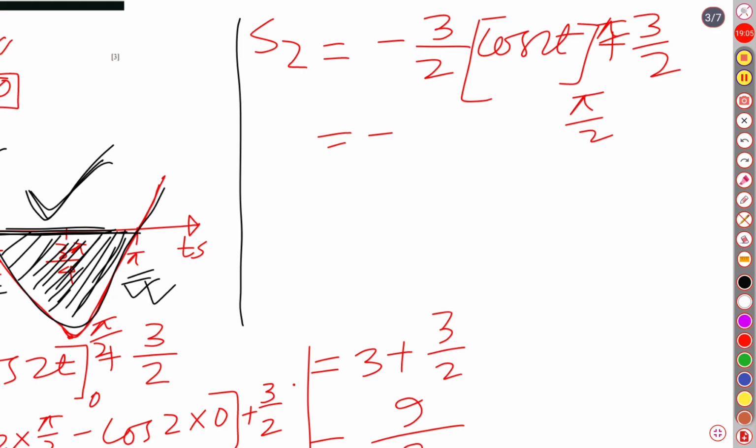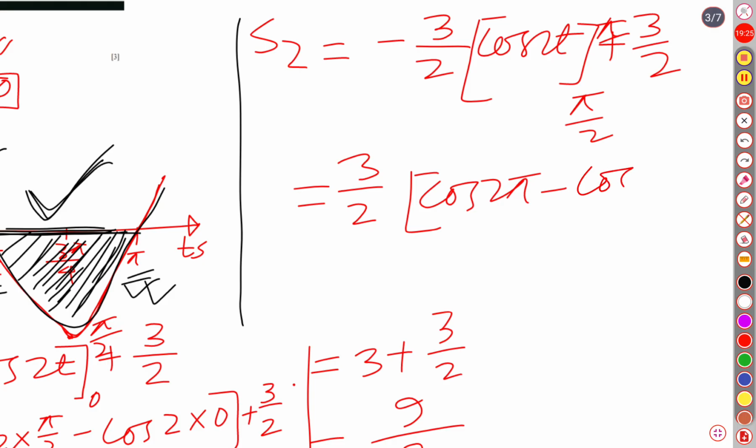Then it is going to be equal to negative 3 over 2. If we substitute the upper limit, it is going to be cos 2 pi minus cos 2, and 2 will cancel each other, then it is going to be pi, then outside that there remains plus 3 over 2.